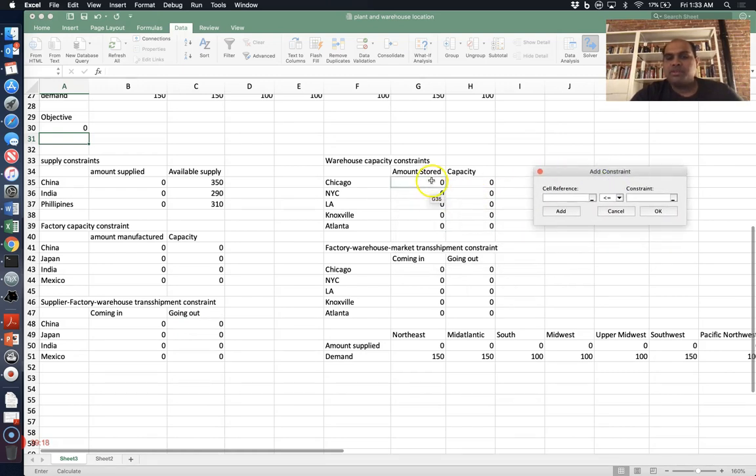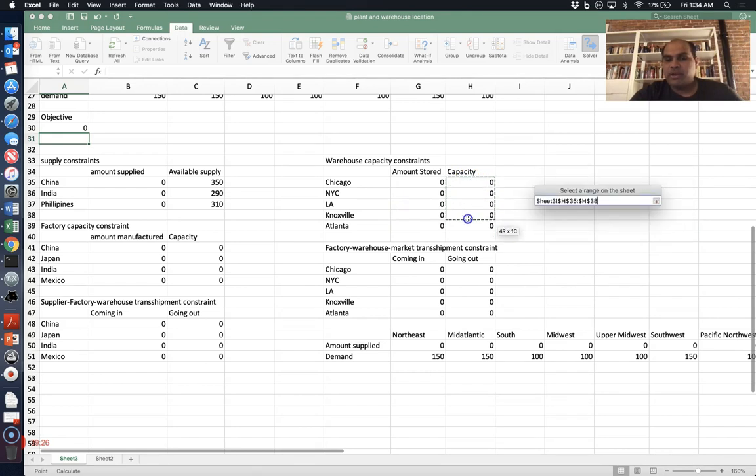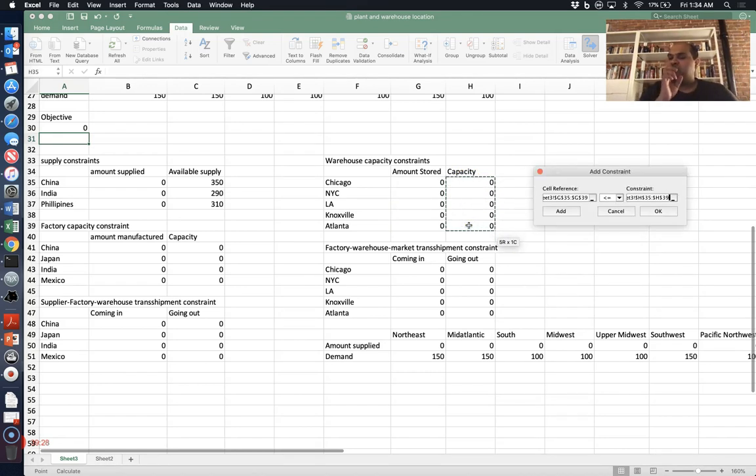Then the warehouse capacity constraint. So the total amount stored at the warehouses must be less than or equal to the capacities of the warehouse. So again, these capacity constraints include the 0, 1 variables that we have. I'm going to click on add. Then the transshipment through the warehouse constraint.